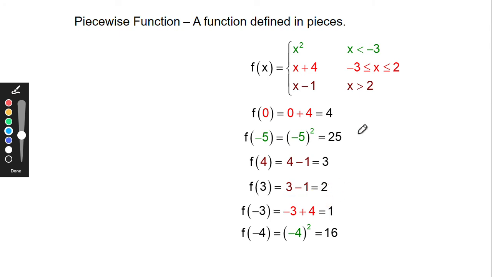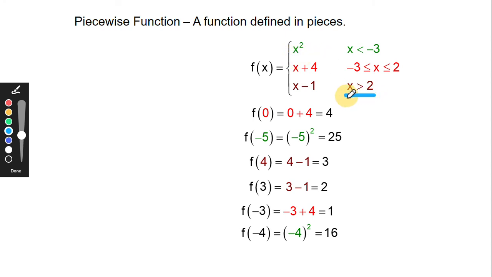Okay, this one, f of negative 3. Which one of these would give us the freedom to use negative 3? No, negative 3 is not less than negative 3, so we will not use this piece.